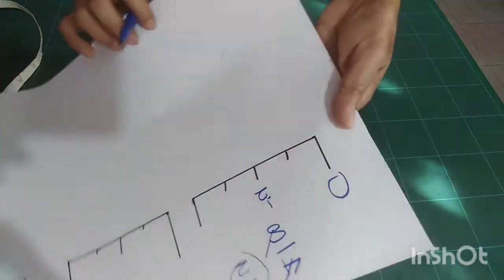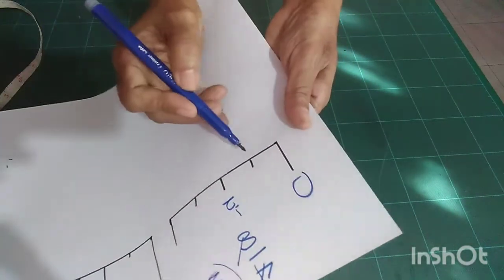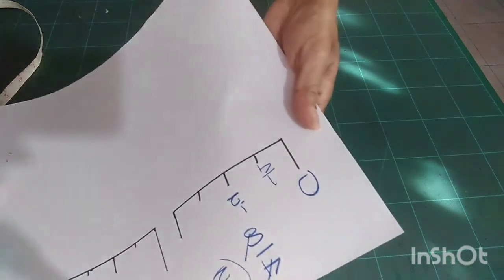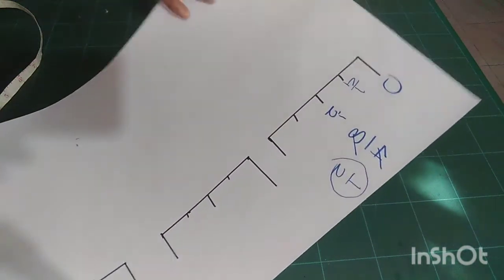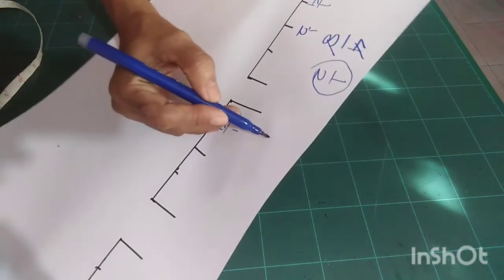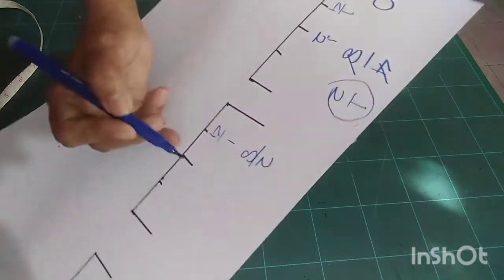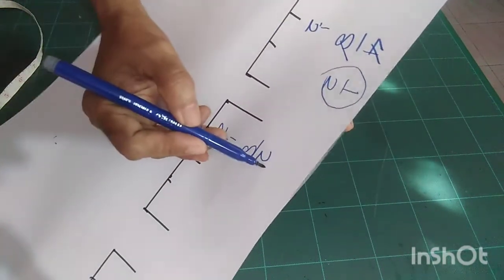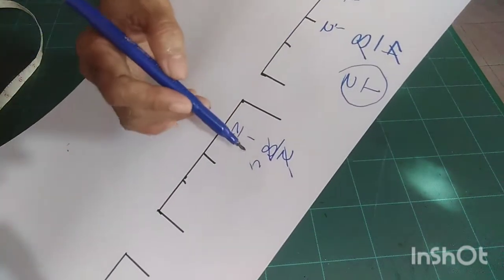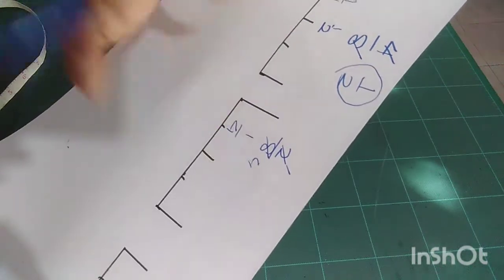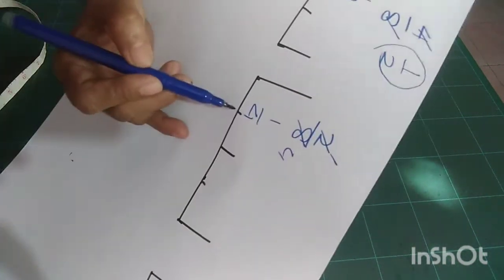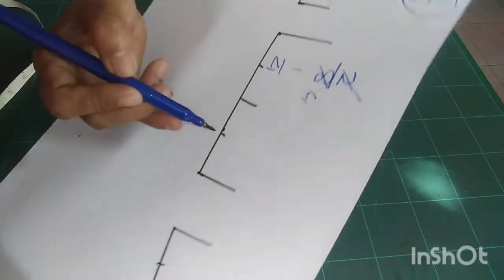Here is a quarter inch, which is 2/8. This fraction we can minimize, then we call it a quarter inch. Then half inch.